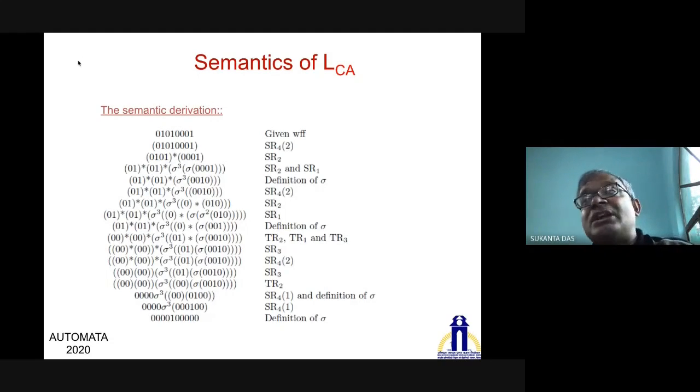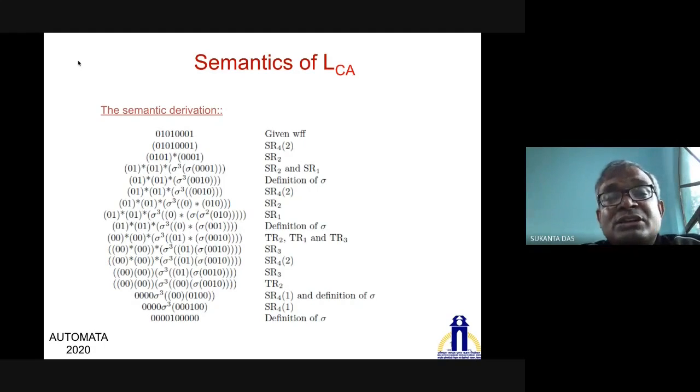Initially we were given the syntactic derivation, now we are giving the semantic derivation. If we check side by side, they will match. From SR42, we can check that I can put a star here, because in SR42 it is 0101 and 0001, where 0101 we can consider as beta and 0001 we can consider as gamma.